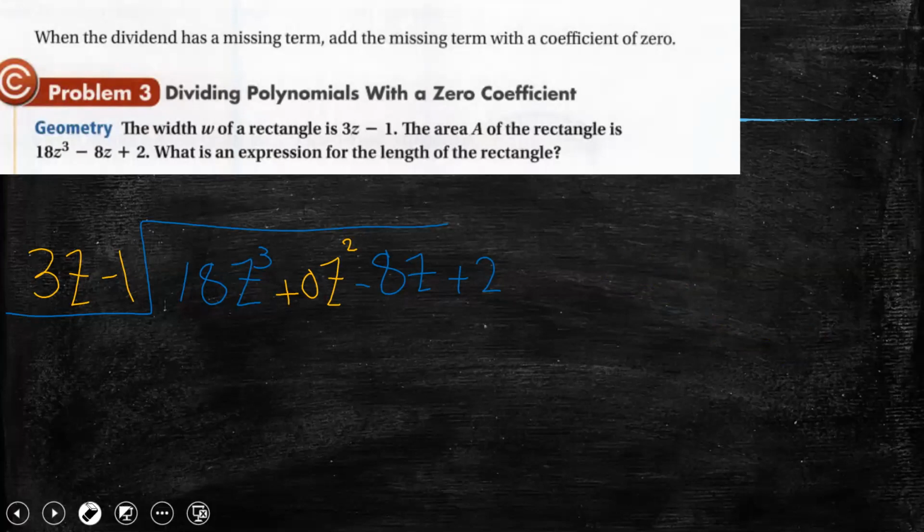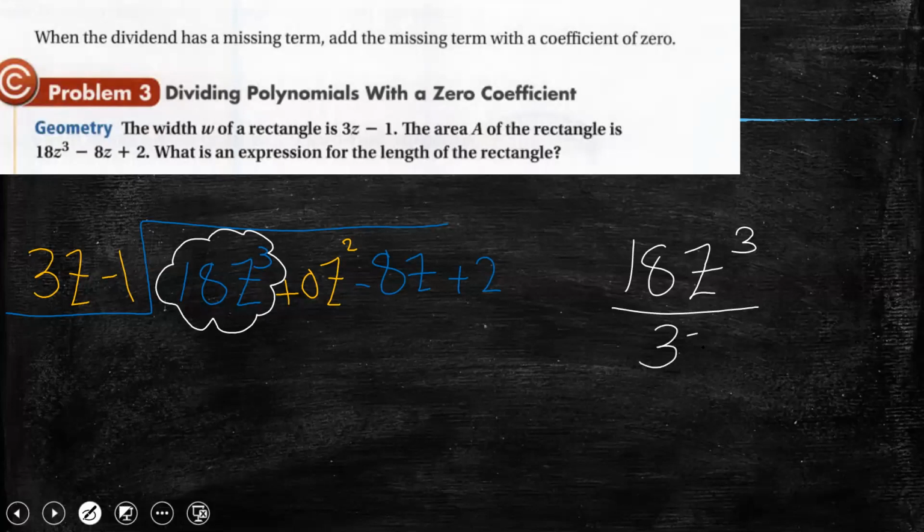After you make this step, let's now divide. 18z cubed into 3z. The first term of the dividend by the first term of the divisor. Only the first term when you want to divide.